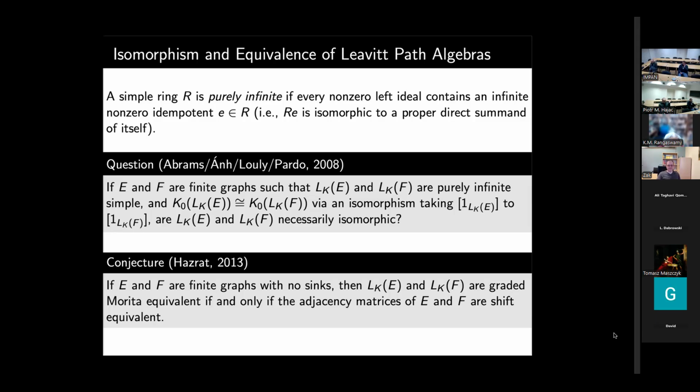But it's fascinating that for this class of graph C-star algebras, if you know K-theory and you know the class of one, you know the C-star algebra, and it's uniquely determined. And if you don't know the class of one, you only know K-theory, then the two are Morita equivalent. It's pretty amazing, that result.